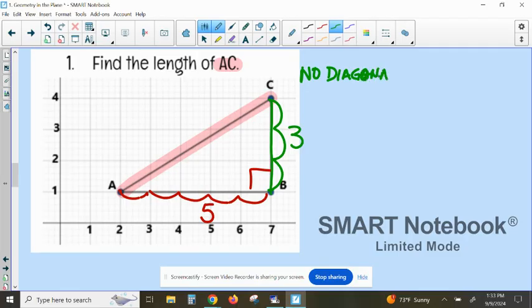Diagonals, all bubbles. Don't do it. When we do reflections over a line y equals x, that's the only time we're allowed to count diagonal, and it's not even just to get distance, just to make things like a mirror image. So we're not going to count those.